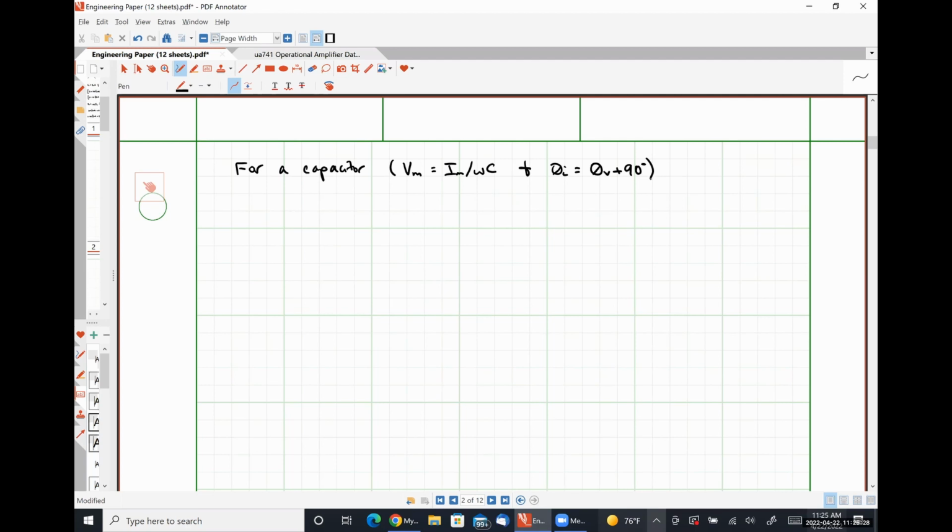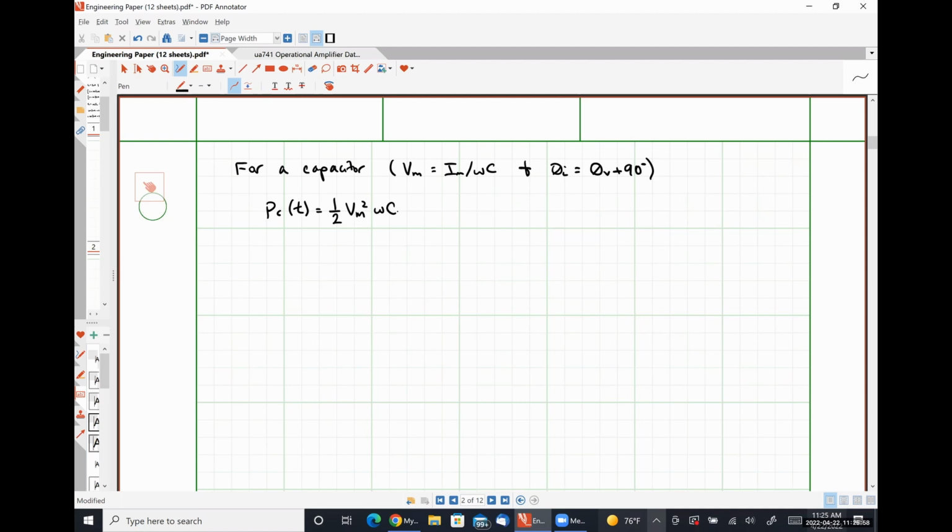So from this, the instantaneous power absorbed by our capacitor is going to be 1/2 Vm squared times omega C times the cosine of theta V minus theta I, where theta V minus theta I is theta V minus theta V minus 90 degrees.